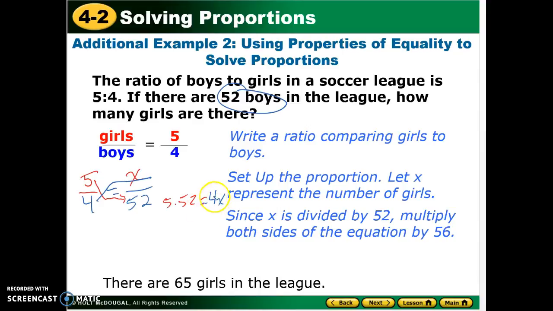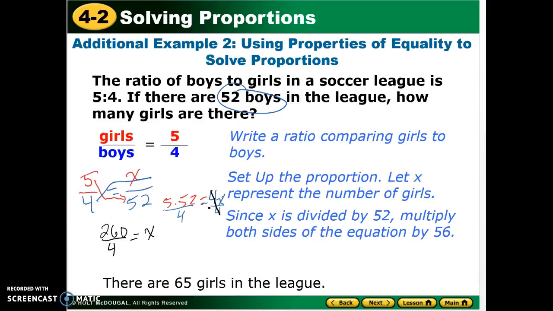To get rid of the 4 on this side, because it's multiplication, I'm going to divide both sides by 4. So now what I have is 5 times 52, 5 times 50 is 250, 5 times 2 is 10, 250 and 10 is 260 over 4 equals x, because those 4s cancel out there.